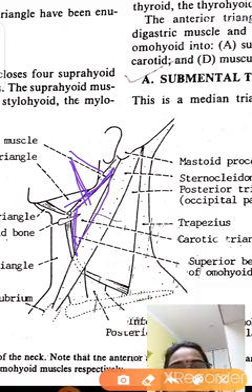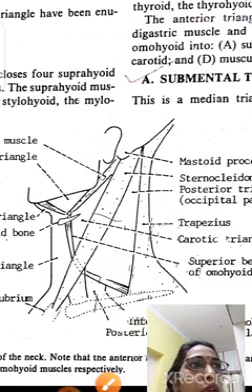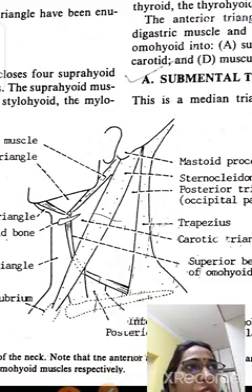It is named so because it contains the carotid arteries, as we can see in the next slides. The roof is formed by the skin, the superficial fascia containing the cervical branch of the facial nerve and the transverse cutaneous nerve of the neck, and the investing layer of deep cervical fascia.